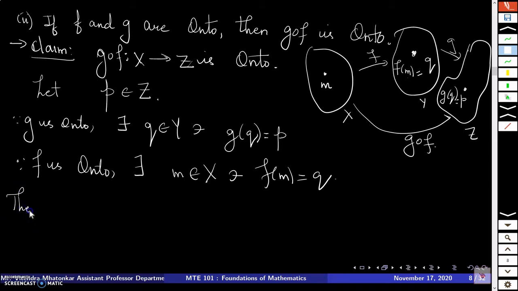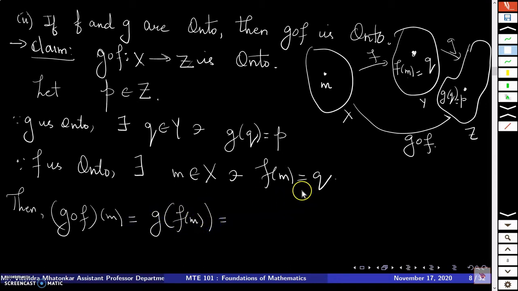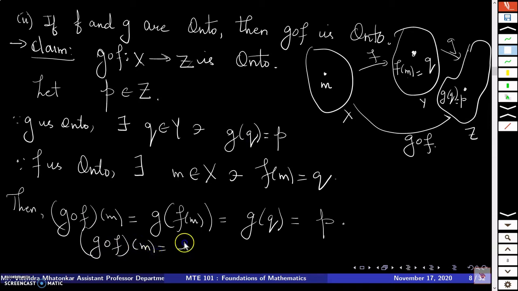Then g composite f of m is nothing but g of f of m, but f of m is nothing but q, so that's g of q, right? But g of q is equal to p. That means g composite f of m is equal to p.